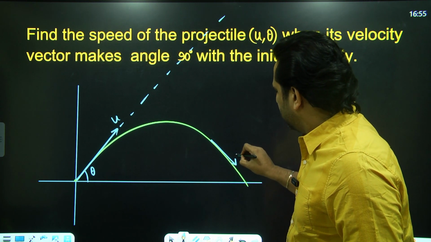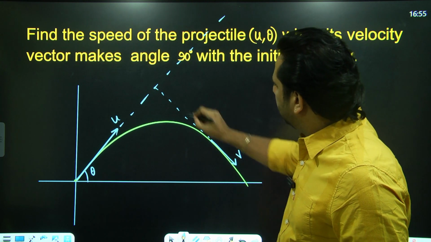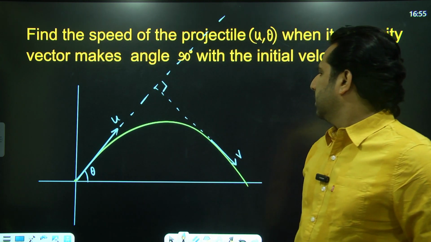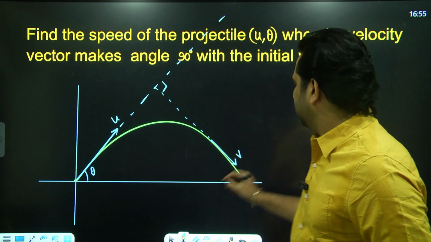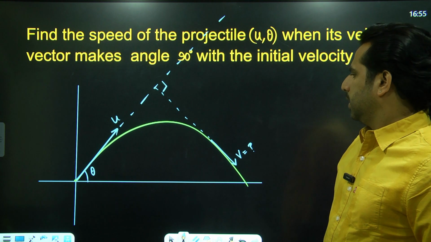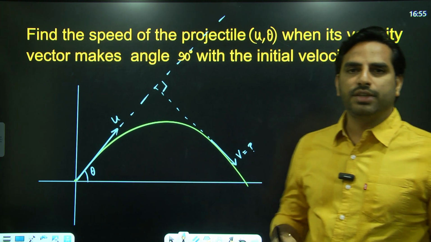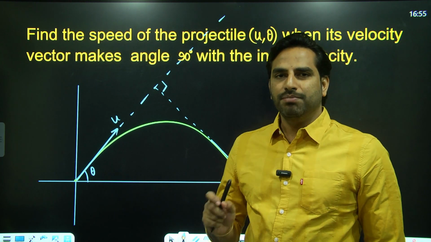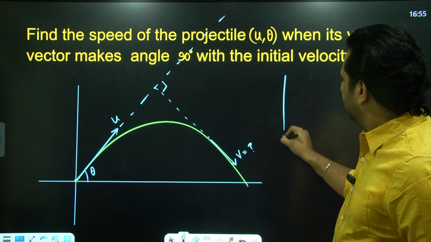Say it has got velocity v. If you extend this, you can see that the direction of velocity v is perpendicular to the initial velocity's direction. At this instant, you are supposed to find the speed. Now, if you apply equations of motion and do a lot of math, it is just a waste of time. Just simple logic is expected here.